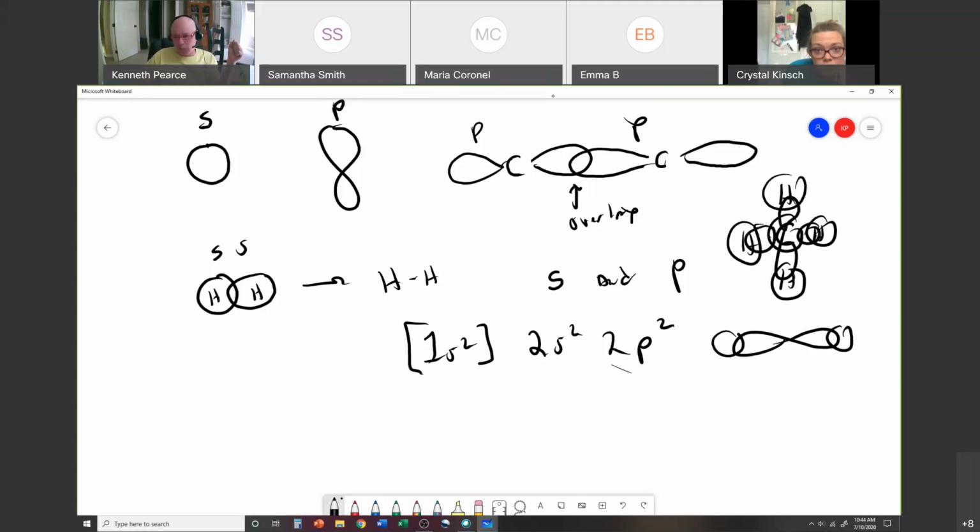You'd expect two different kinds of bonds: the s-s overlaps and the s-p overlaps. But when you look at methane, you have a tetrahedral structure where all the bonds are the same length. That's a problem. They're not different lengths. They're all the same length. So what's going on here?